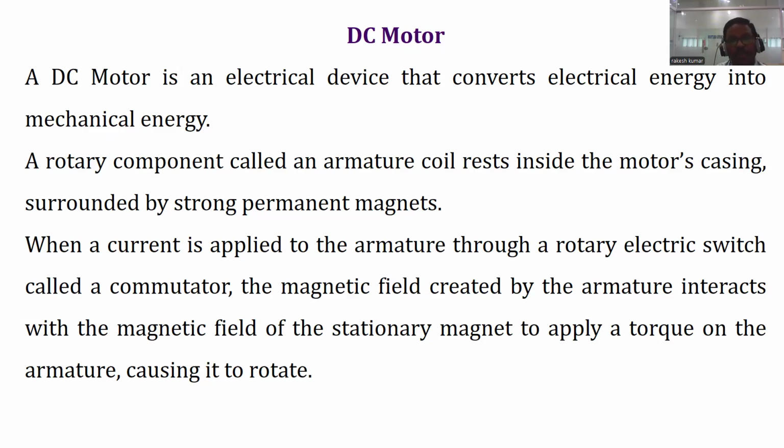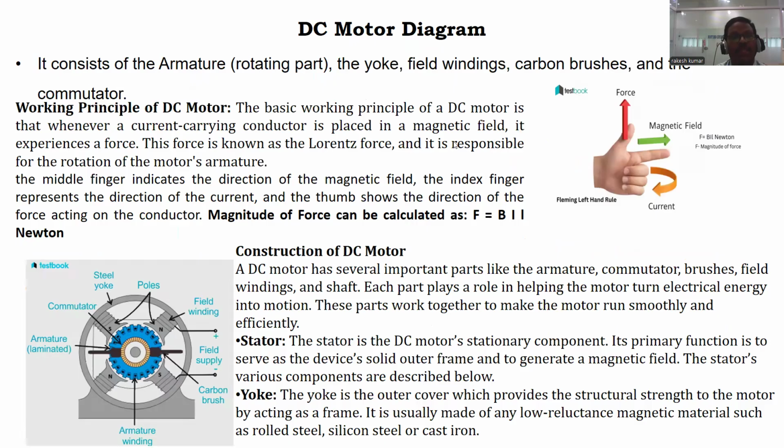When a current is applied to the armature through a rotary electric switch called a commutator, the magnetic field created by the armature interacts with the magnetic field of the stationary magnet to apply a torque on the armature, causing it to rotate. In the DC motor diagram, you can see it consists of an armature, the yoke, field windings, carbon brushes, and the commutator.